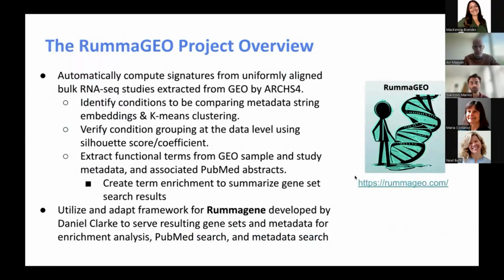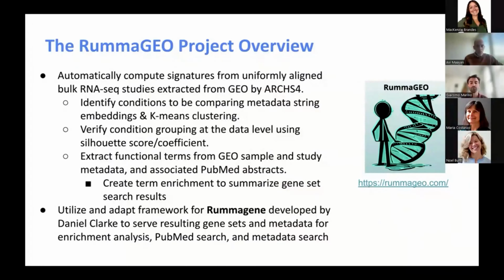So just to begin with an overview of the project, the main goal of this project was to automatically compute signatures from uniformly aligned bulk RNA-seq studies extracted from GEO by our resource ARCHS4. And we do this by identifying conditions using metadata string embeddings and then k-means clustering.